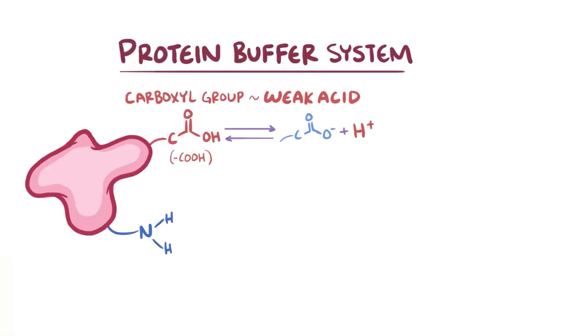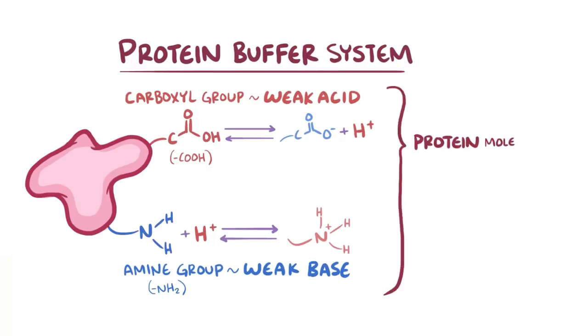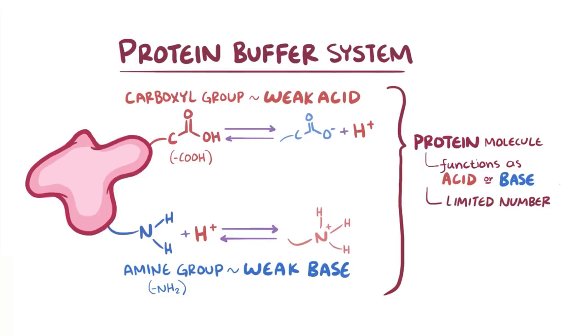At the same time, other amino acids might have exposed NH2, or amine groups, that act as weak bases, meaning that they can bind a hydrogen ion and prevent it from decreasing the pH. In other words, a single protein molecule can function both as an acid as well as a base, depending on the pH it has to deal with. But unlike the bicarbonate buffering system, there are only a limited number of proteins in our plasma, which limits how much they can buffer.